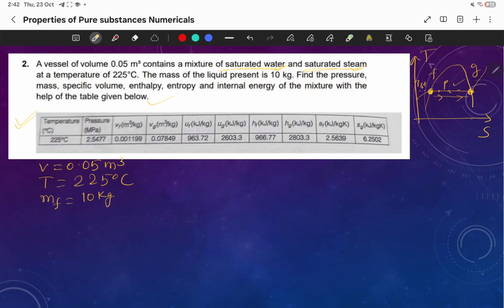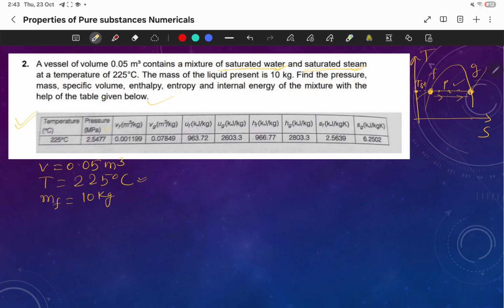Steam table. So this is the temperature 225, T saturation. At this temperature and at this pressure, these properties are given, right? In a steam table we need only two variables for calculating all the properties.